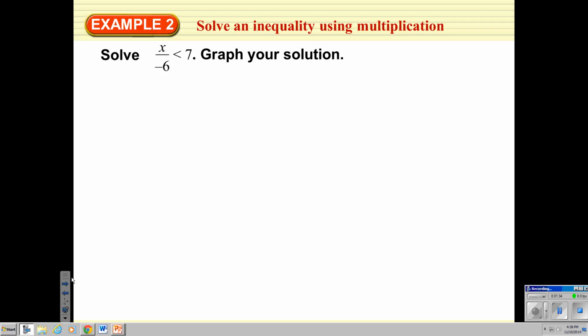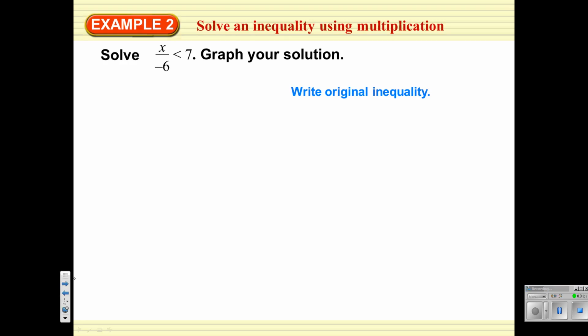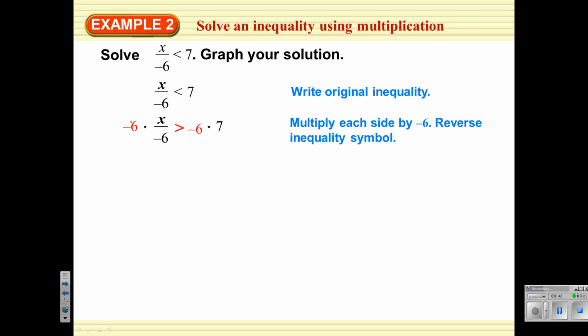Okay, so for this next one, we're going to be solving an inequality where it's x divided by -6 is less than 7. So we're going to multiply both sides by -6. However, this is key.